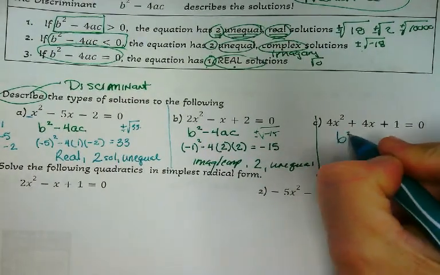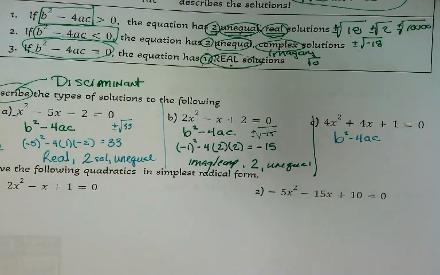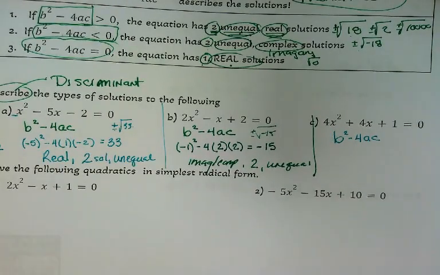Let's get the last one, b squared minus 4ac. Carefully plug in your a, b, and c in parentheses.